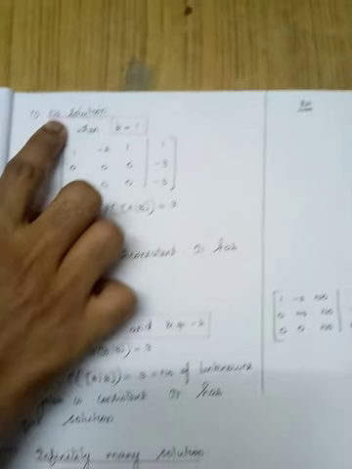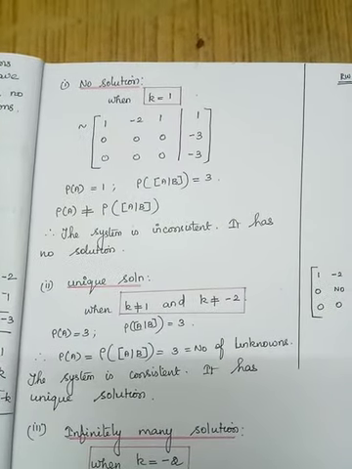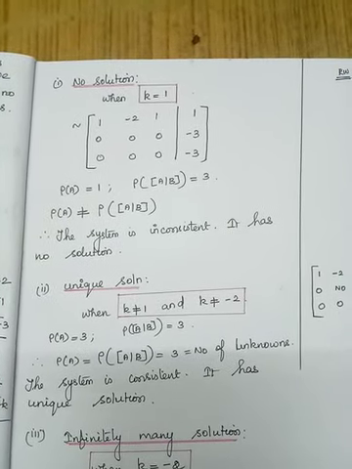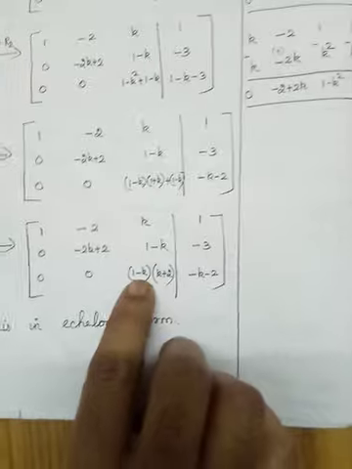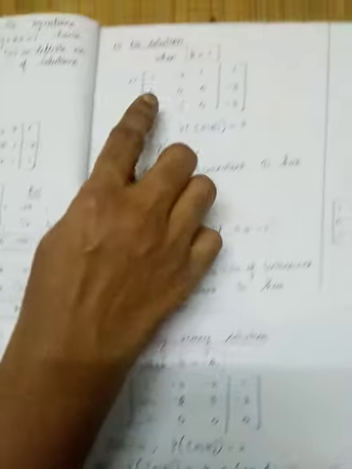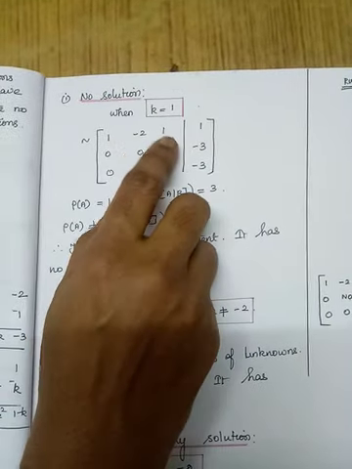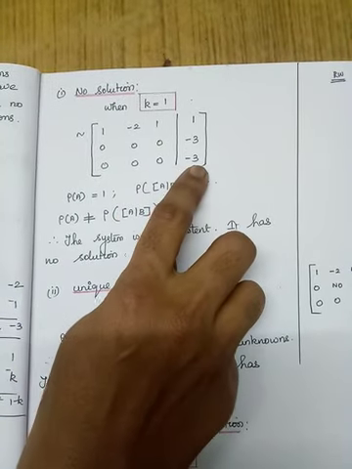What I said, no solution means what is the condition? Rank of A is not equal to rank of AB. You see that in this echelon form, when you substitute k is equal to 1, you will get 1, minus 2, 1, 1; 0, 0, 0, minus 3; 0, 0, 0, minus 3.